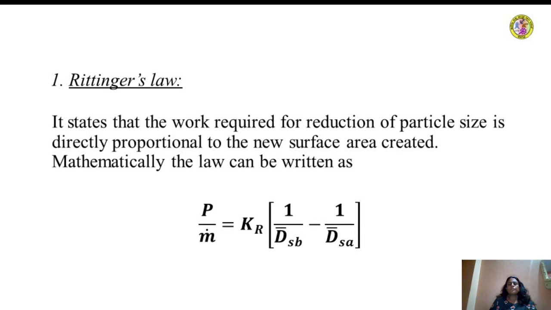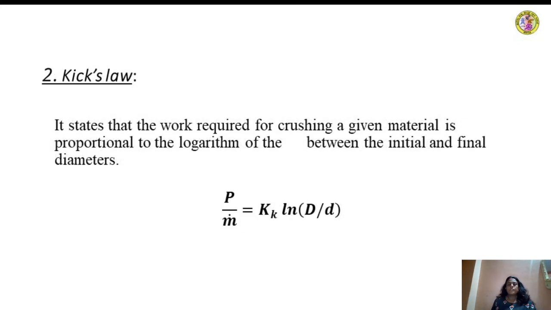Now one more term is left, that is Kr. Kr is the proportionality constant for the given equation and it is known as Rittinger's constant, or the constant for Rittinger's law. So that is the statement of Rittinger's law for you.